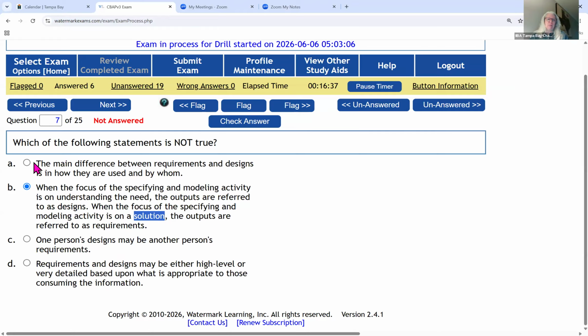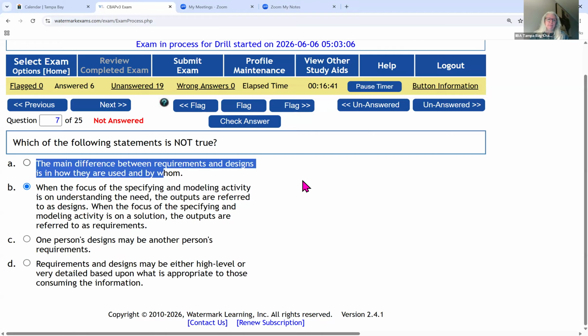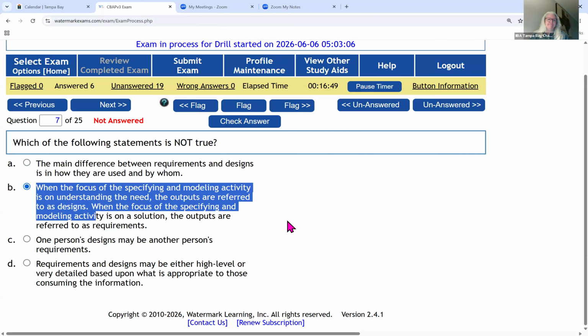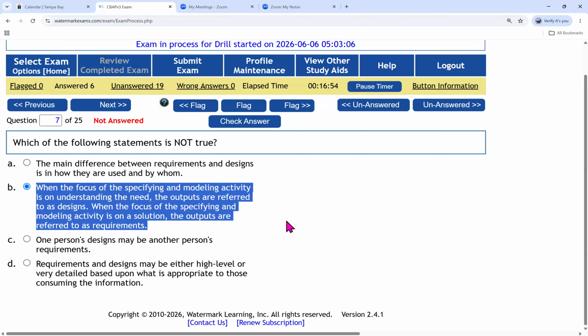Let's start at the top. Is this one true? Yes. Okay. And is this one true? No, it's the other way around. It's backwards, isn't it? Gabriella, Amarachi, can either one of y'all tell me how it's backwards? I think it's B because it's the longest answer.